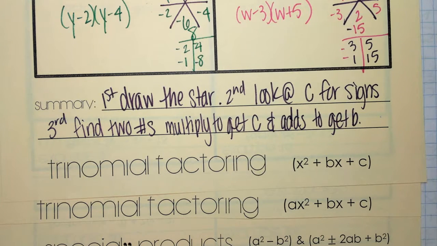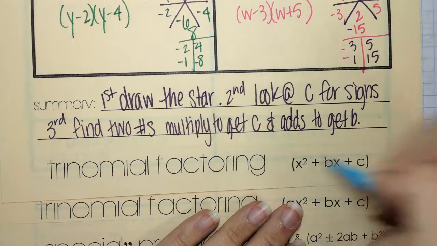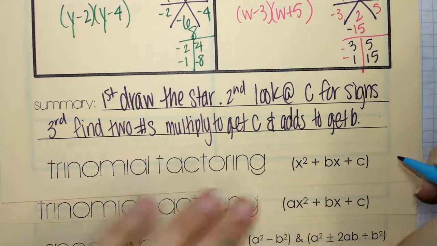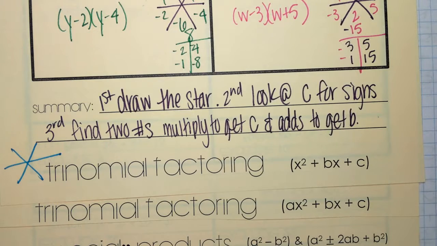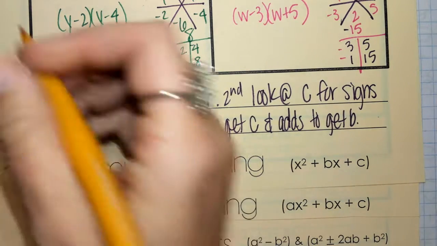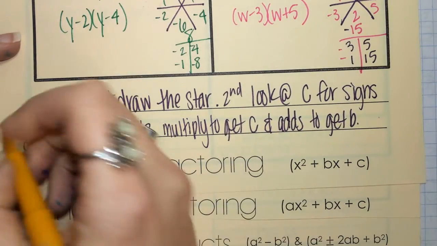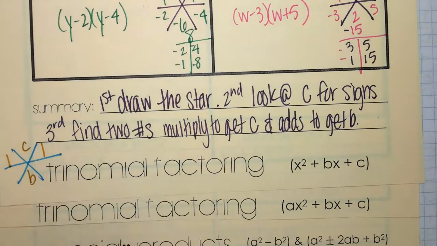Now, what method do we use on trinomial factoring? The star method. Take a point. We do that when we don't have a GCF and there are 3 terms. Now, in our star, C goes up top, B goes on bottom, and 1 and 1 go on the sides.